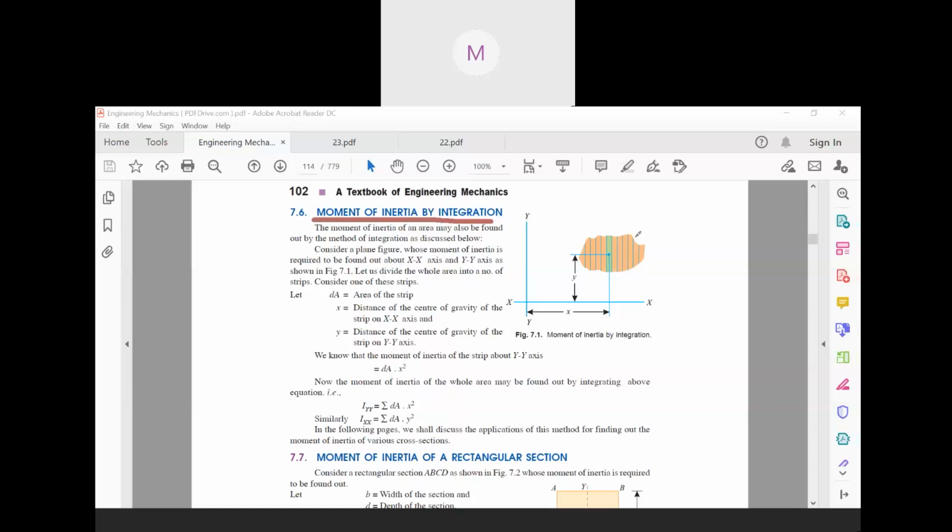This is a small body for which you have to find the moment of inertia. This body is at a distance of x from the x-axis and y from this axis. These are the perpendicular distances.